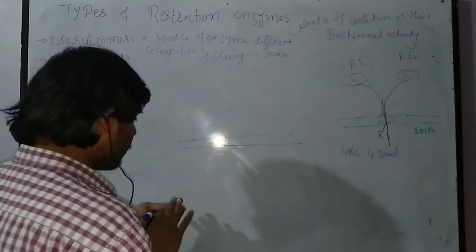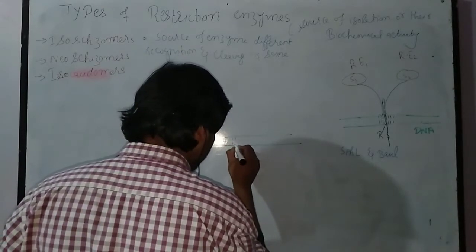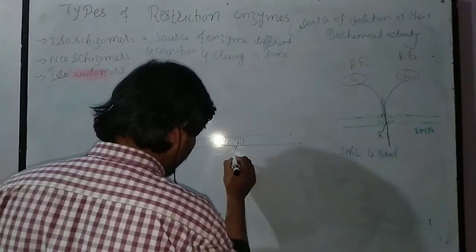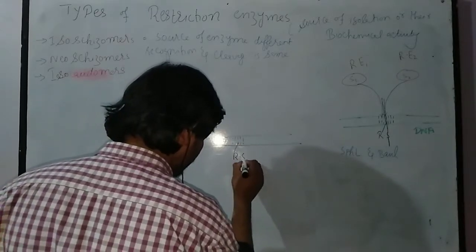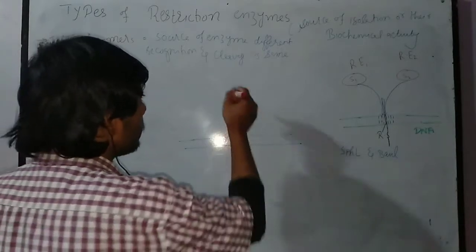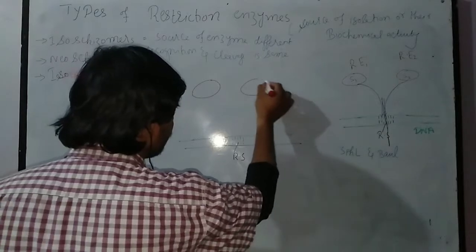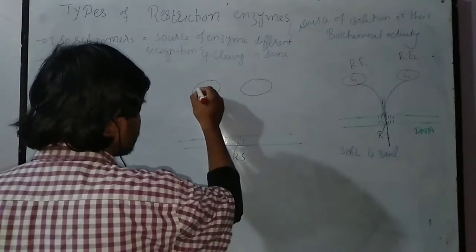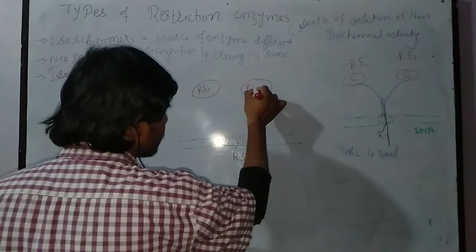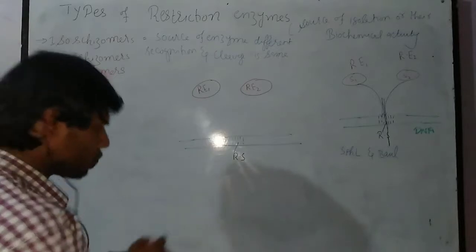Now let's say these are the recognition sequences, and these are the restriction enzymes which are isolated from two different sources. This is restriction enzyme 1 and this will be restriction enzyme 2, isolated from two different sources, source 1 and source 2.